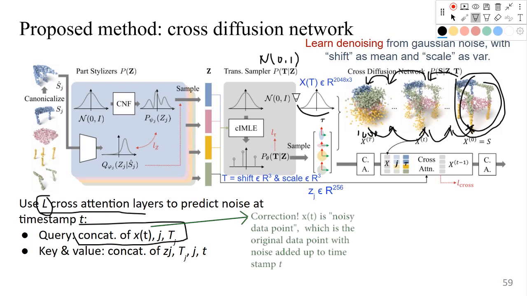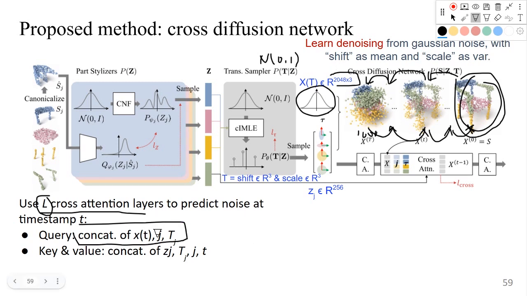The shape of the noise will be the number of points, for example 2048 by 3 for the XYZ. Then J corresponds to the index of the part, like part 1, part 2, 3, and so on. And T is the transformation, which is the shift and also the scale. This is the query.